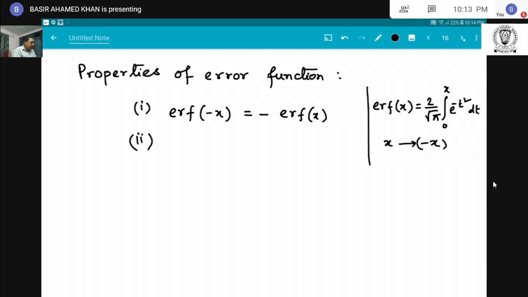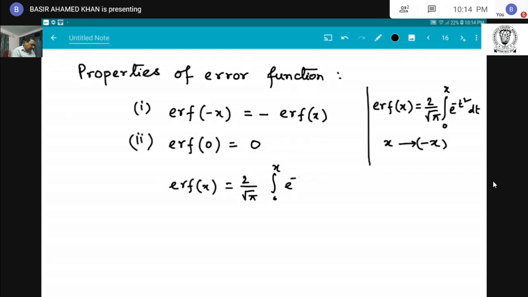Second property is error function of 0 equal to 0. It is obvious, because error function of x equal to 2 by root pi times the integral from 0 to x of e to the power minus t square dt.